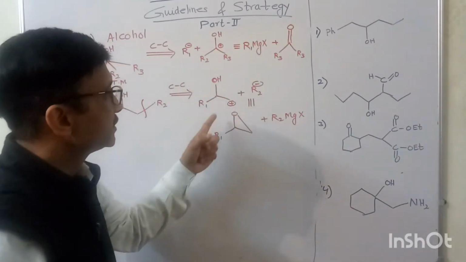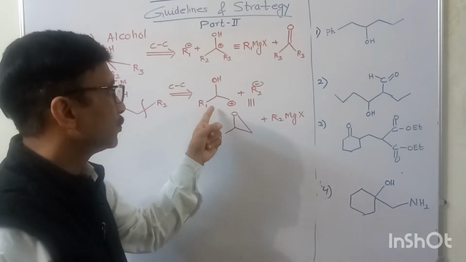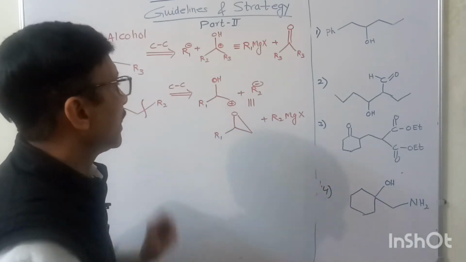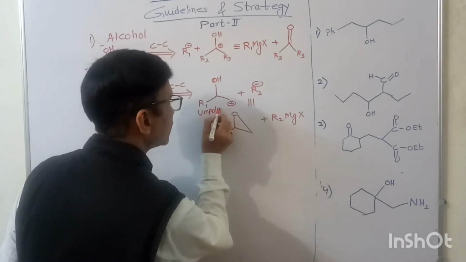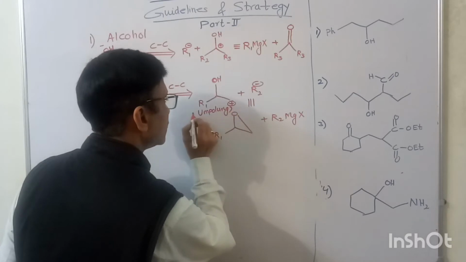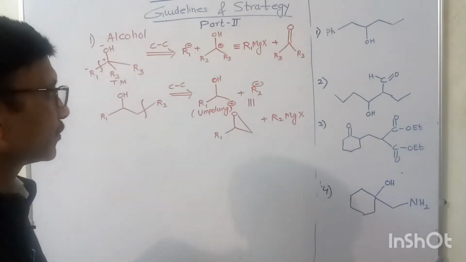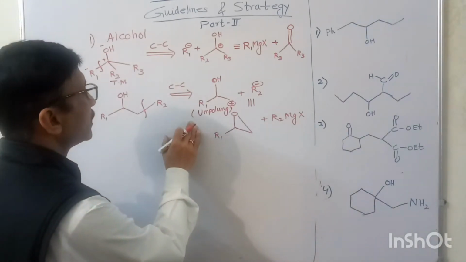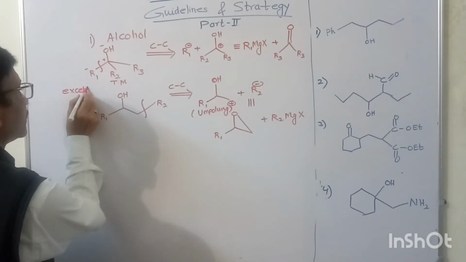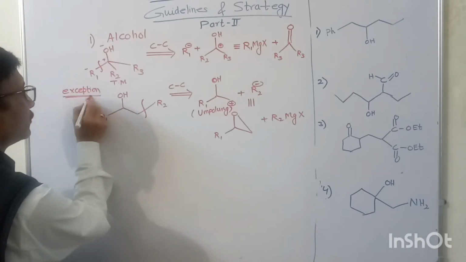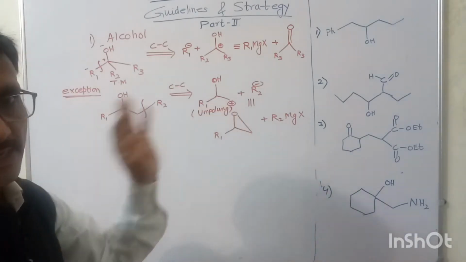So that's why this is not a natural type of disconnection, and it is giving you the unnatural synthon, which is called umpolung. I will take another lecture after this on what these umpolungs are. You can remember it as an exception: if you are getting such a type of target molecule, then we should disconnect in this way.